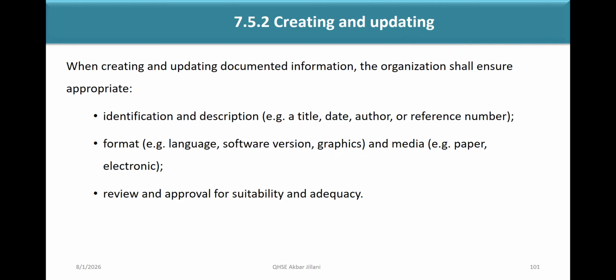How will we create and how will we update? When we are talking about this requirement, when there are some changes in the management system, these are legal changes or internal changes in the organization.